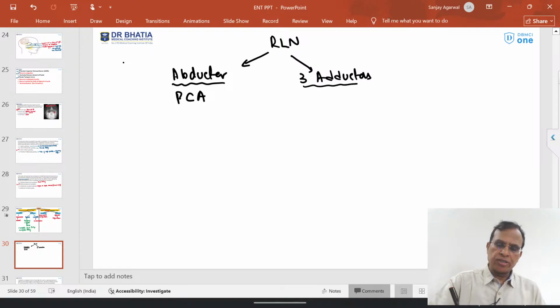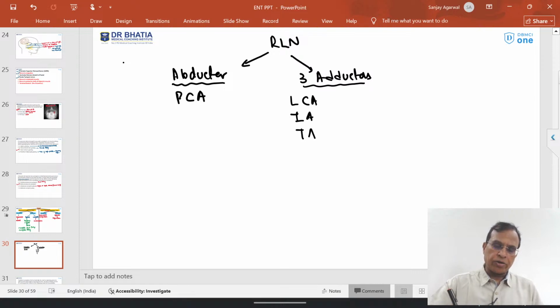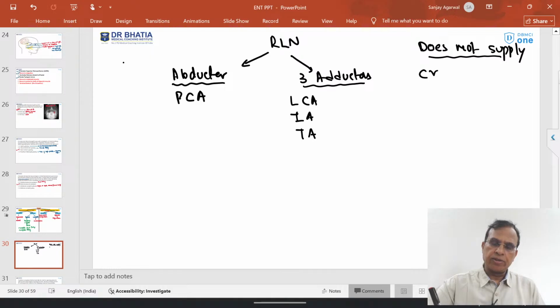Which are the 3 adductors? Lateral cricoarytenoid, interarytenoid, thyroarytenoid. The only muscle of the larynx it does not supply is cricothyroid.